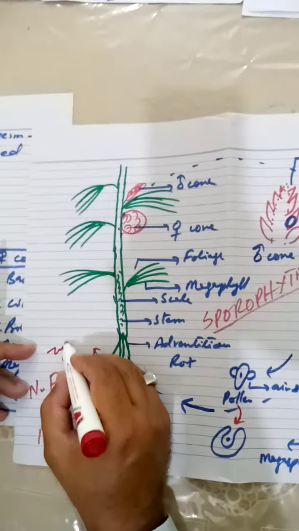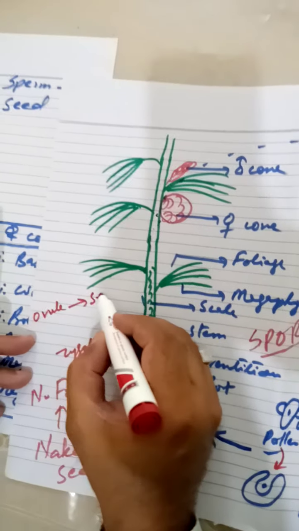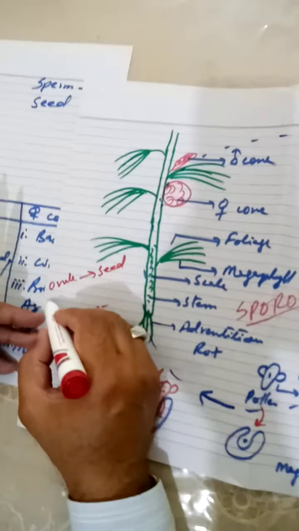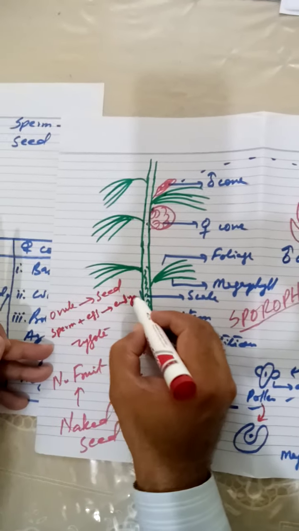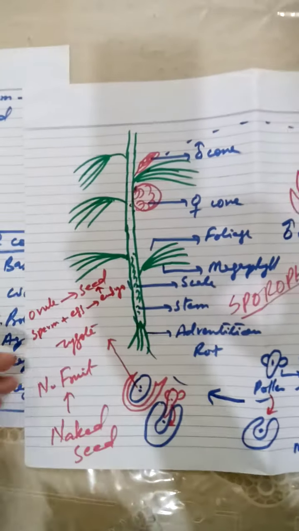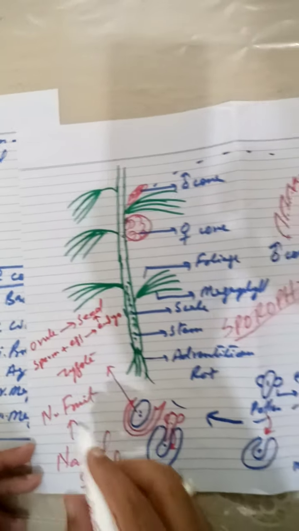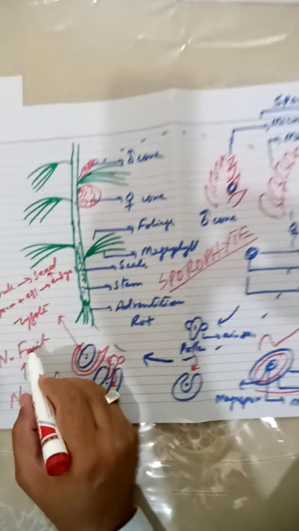Ripened ovule is called seed. The fertile ovule is called seed, while the sperm and egg form the embryo. Embryo is a part of seed. There is a fruit, but not like an angiosperm.